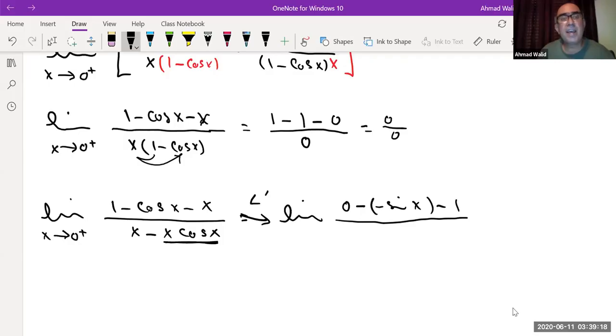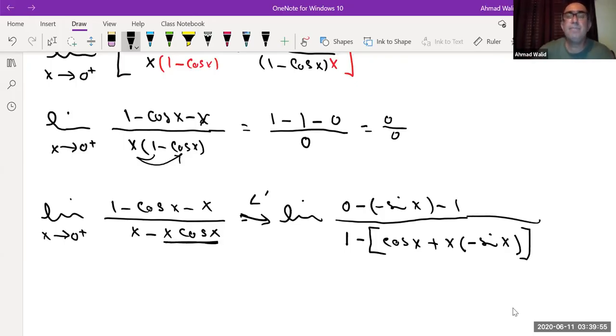Over the derivative of x is 1 minus, here product rule, f prime g, it means 1 times cosine x plus f g prime, it means x times negative sine x, correct?